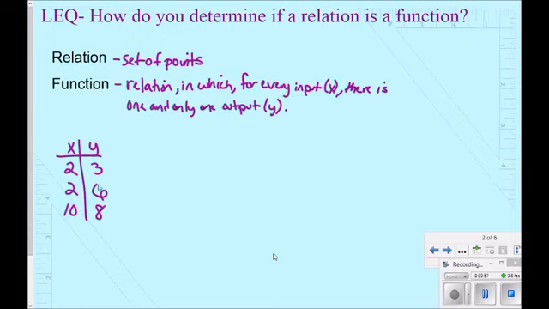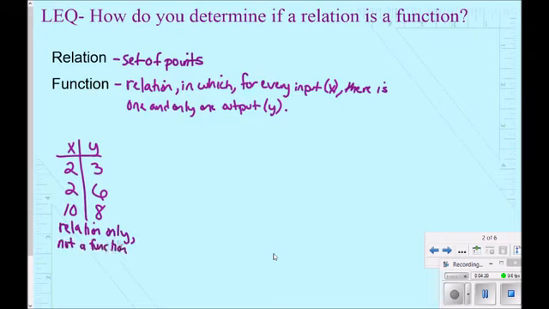So I have 2 with 3, and then I have that same x, 2 with 6. Well, that doesn't meet the definition because for every x, 2 is my x, I have 2 different y values. So this is a relation only. This is not a function.